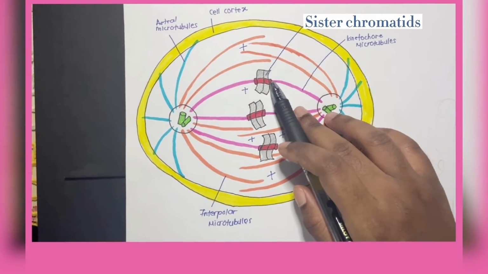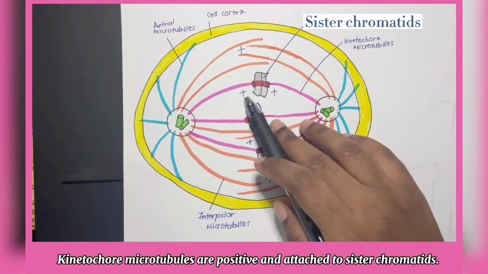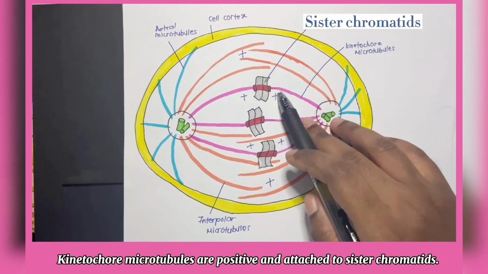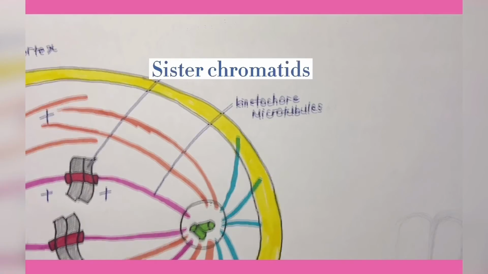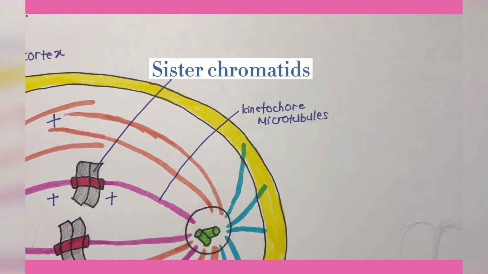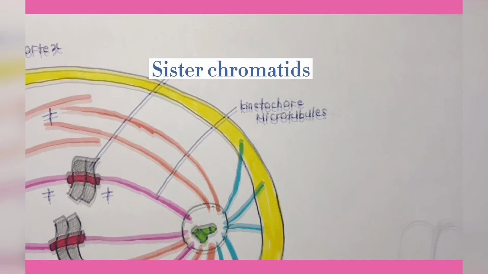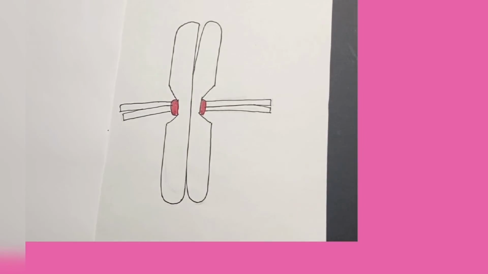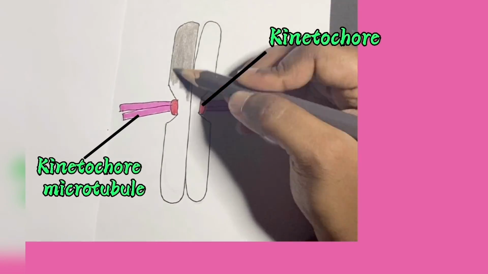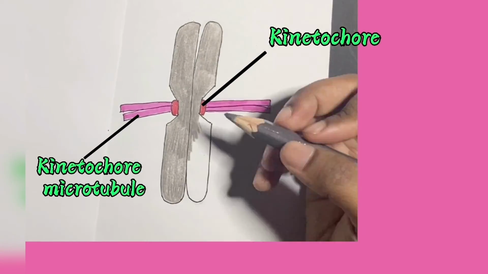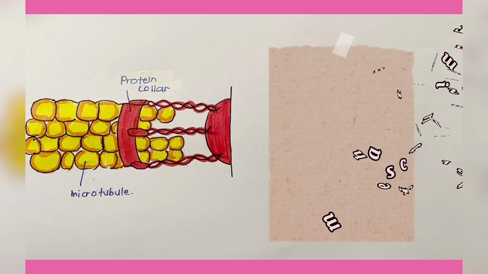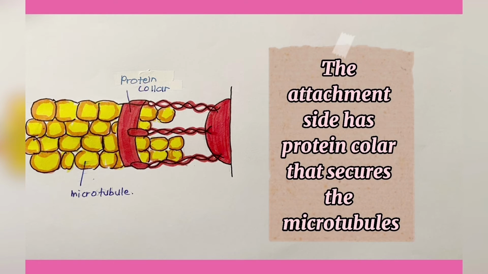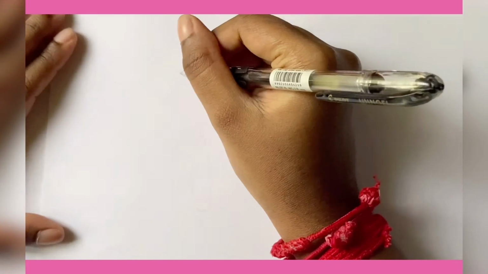Kinetochore microtubules are positive and are attached to sister chromatid pairs at kinetochores. Kinetochores have microtubule attachment and control the movement of chromosomes during mitosis and meiosis. An animal cell kinetochore has 10 to 40 attachment sites. The attachment site has a protein collar that secures the microtubules.